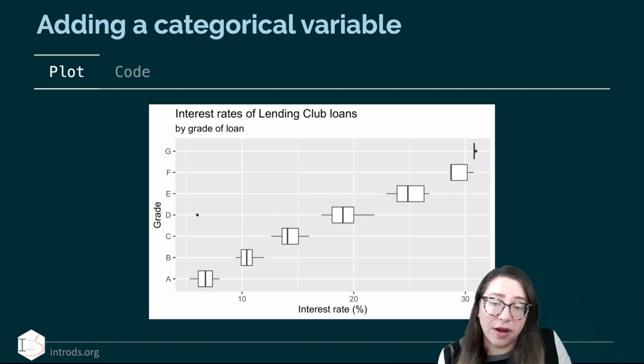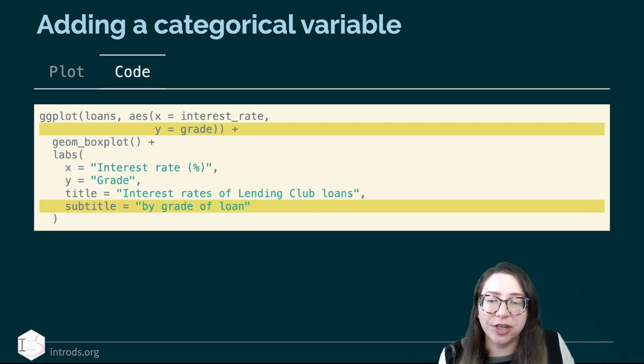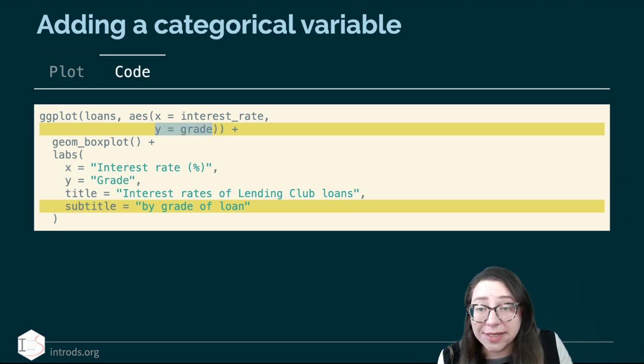Those are labeled grade A, versus once we get to grade G, we're seeing that the interest rates are a lot higher. To create this visualization, you can add a variable to the y-axis of your plot. And I've also added a subtitle just to indicate what the plot is actually showing us.